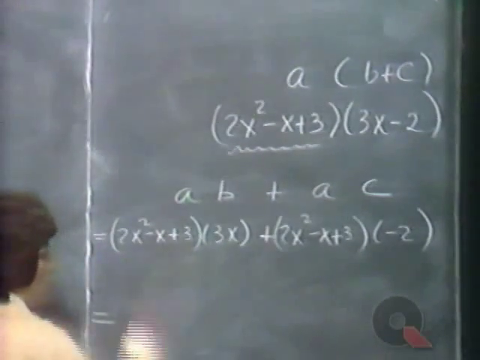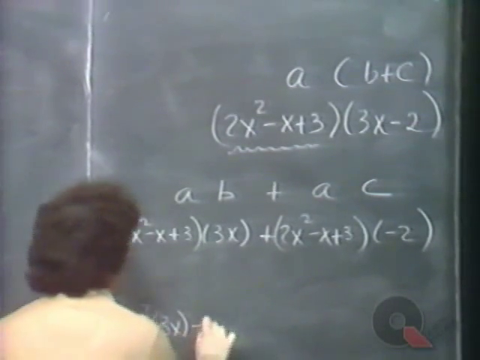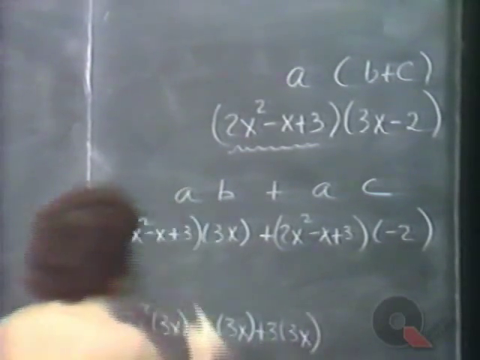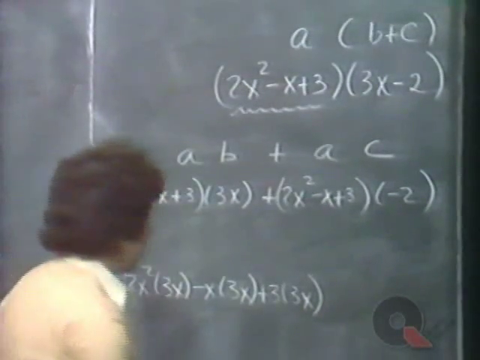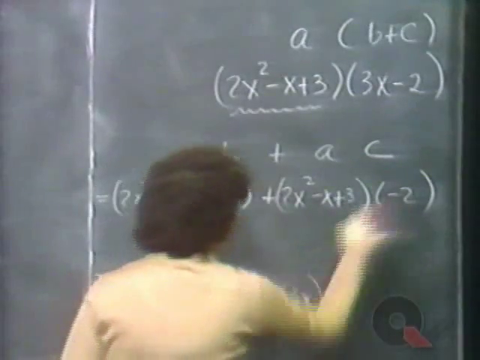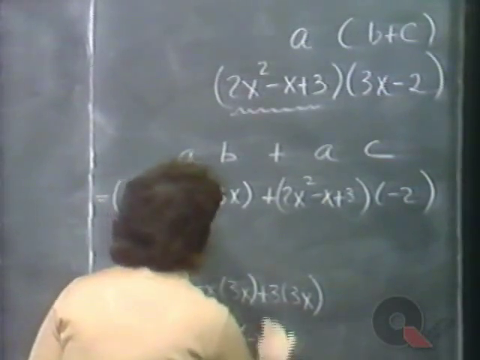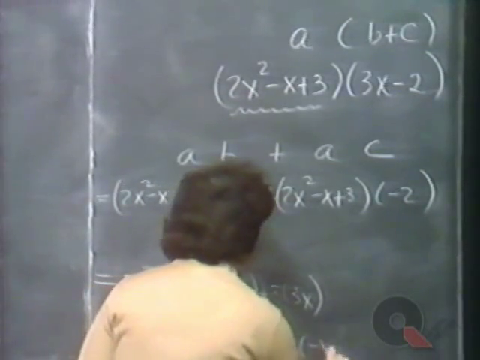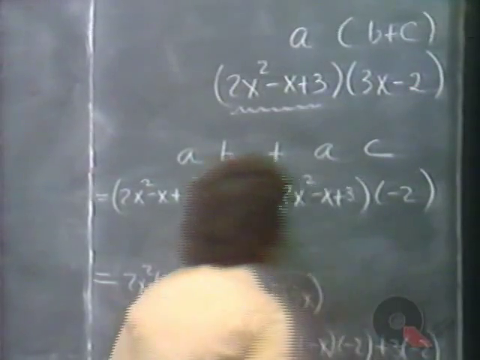3x is going to be distributed through the parentheses here. So we're going to have 2x squared times 3x, minus x times 3x, plus 3 times 3x. And here I will have 2x squared times minus 2, minus x times minus 2, and 3 times minus 2.